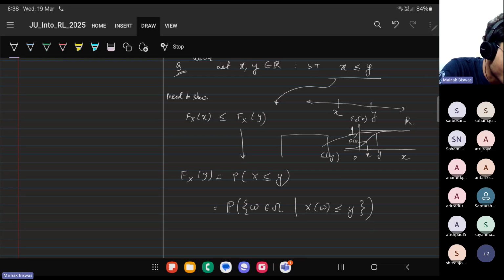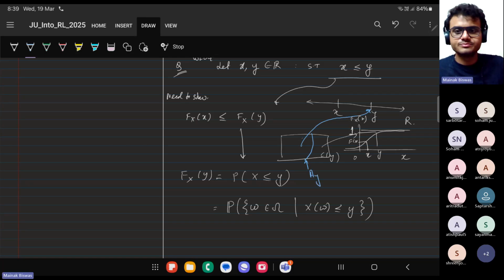So I'll draw the sample space here. So say these are the elements. This is the set. So let us write this as a of x. Or rather a of y, sorry, because we're doing x less than y. So let us take this as a of y. Correct?